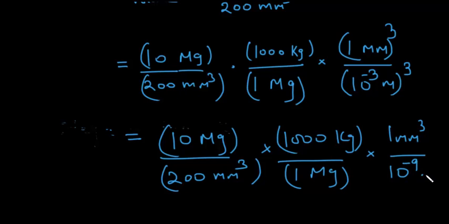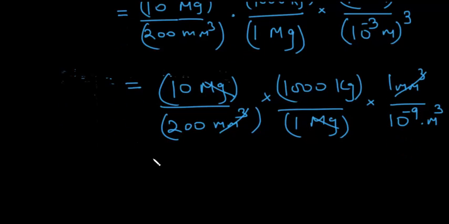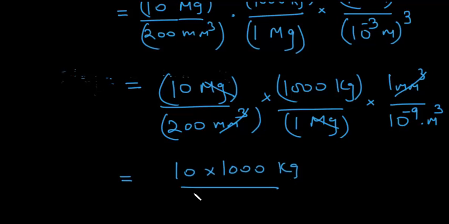So 10 to the power minus 9 meter cube. Okay, this gets cancelled, this gets cancelled. So what we are left with, 10 into 1000, 10 into 1000 kilogram, and 200 into 10 to the power minus 9 meter cube.